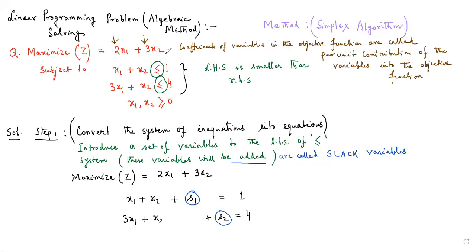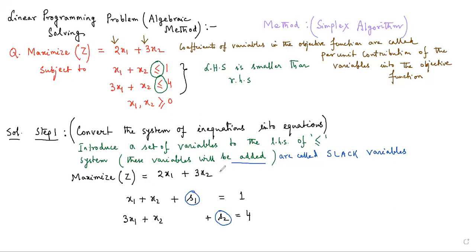So naturally a question comes: if I'm introducing two new variables into the constraints, S1 and S2, what will be their per unit contribution into the objective function? Technically, we want to set the variables in such a way that their per unit contribution shouldn't affect the objective function.